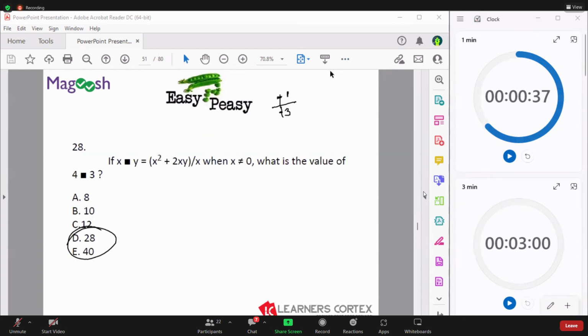Next question we have: x box y equals x square plus 2x, over 2xy, whole over x. Same thing, you just have to employ the values and solve them.